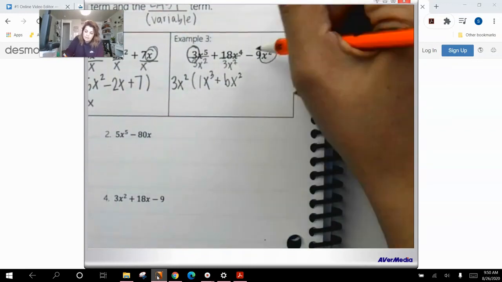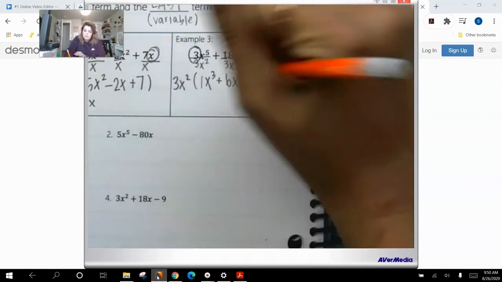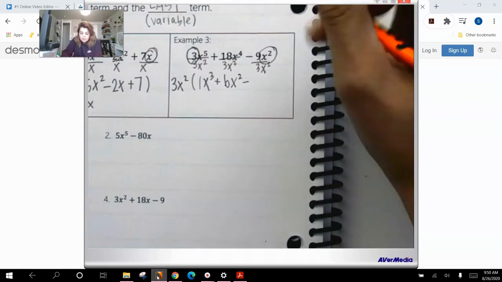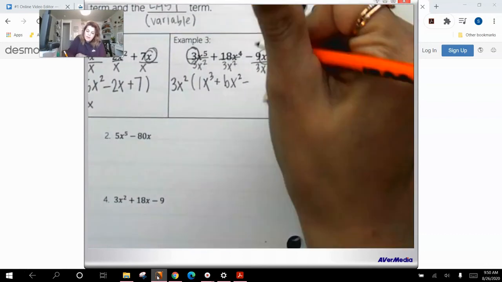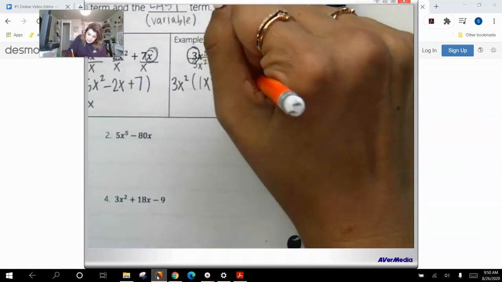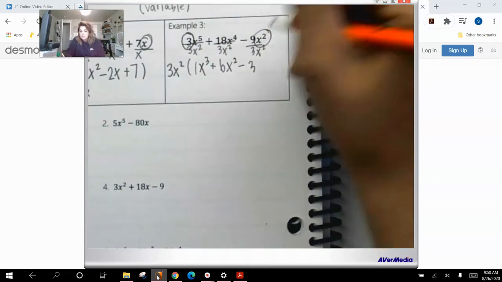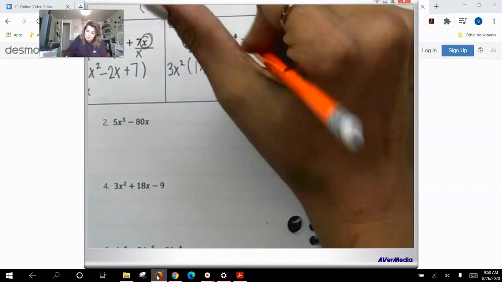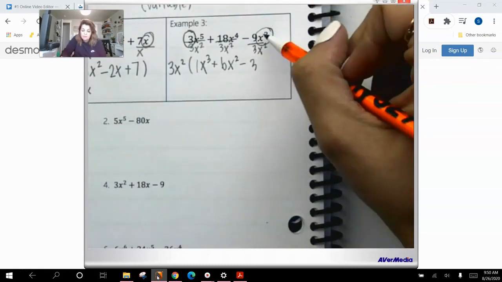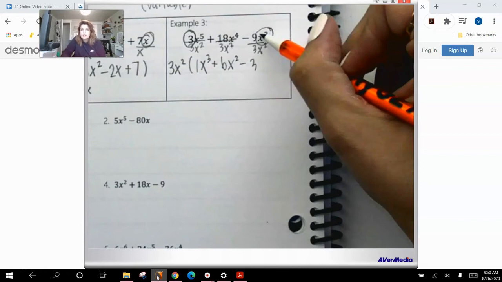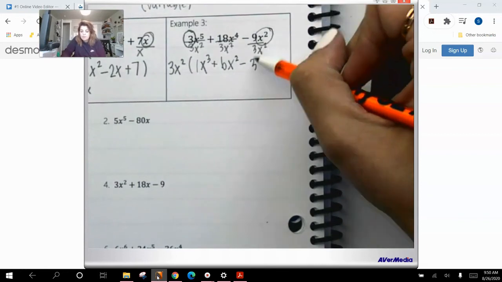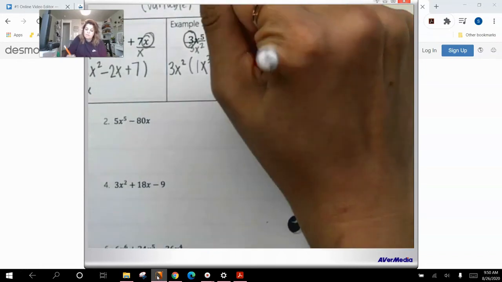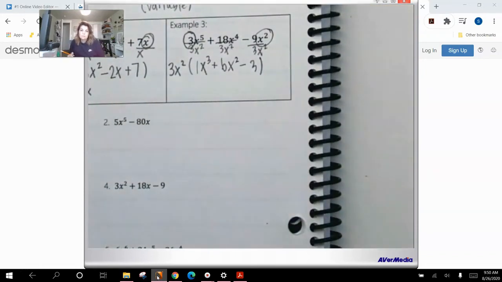And then I have a minus. I divide this last term by 3x squared. 9 divided by 3 is 3. If I have x squared and I take away from it the same thing, x squared, you have no variable left over there.